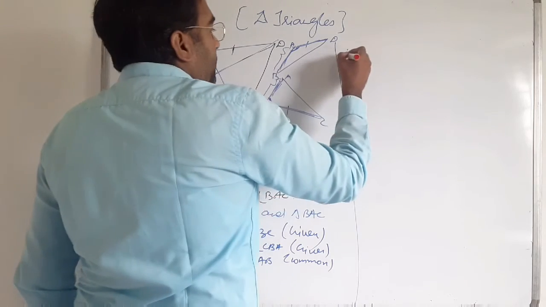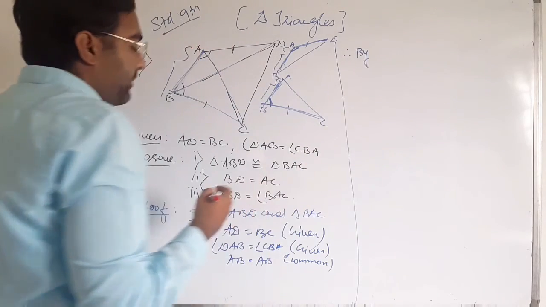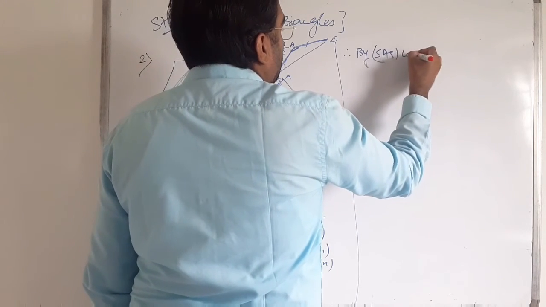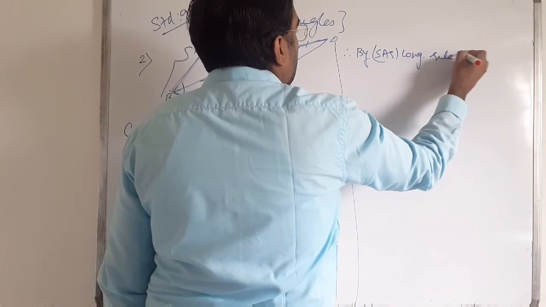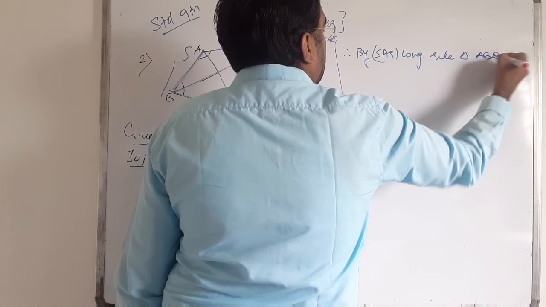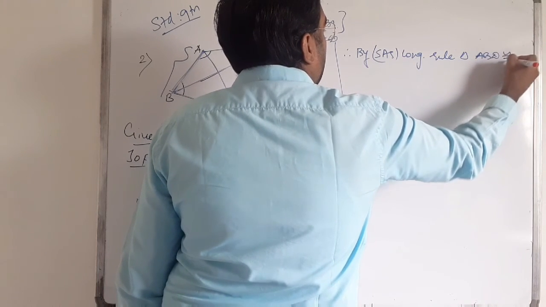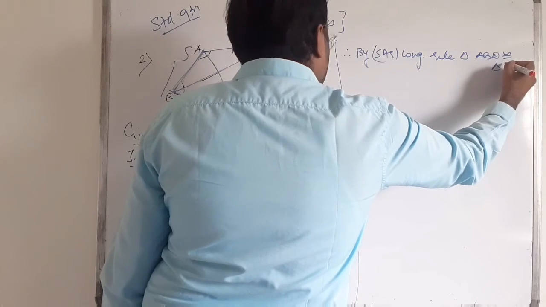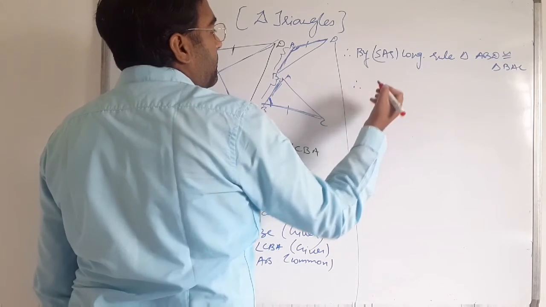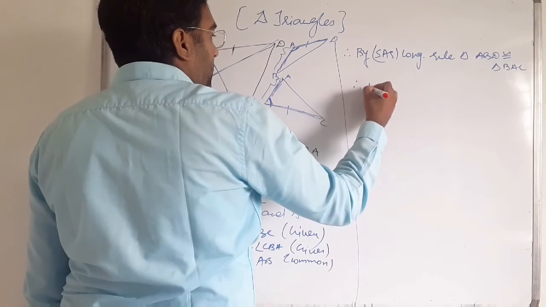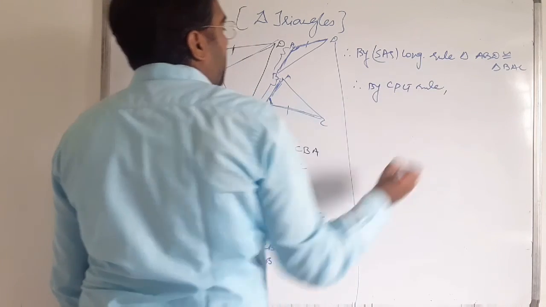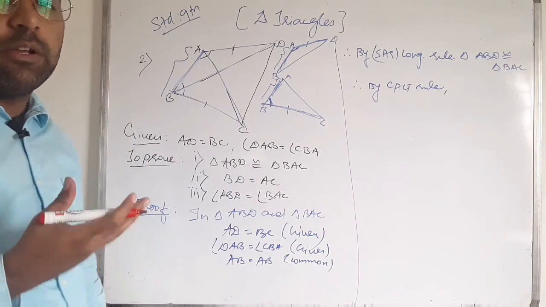So therefore, by which criteria? By the side angle side congruency rule, triangle ABD is congruent to triangle BAC. Therefore, by the CPCT rule, the remaining sides and remaining angles are equal.